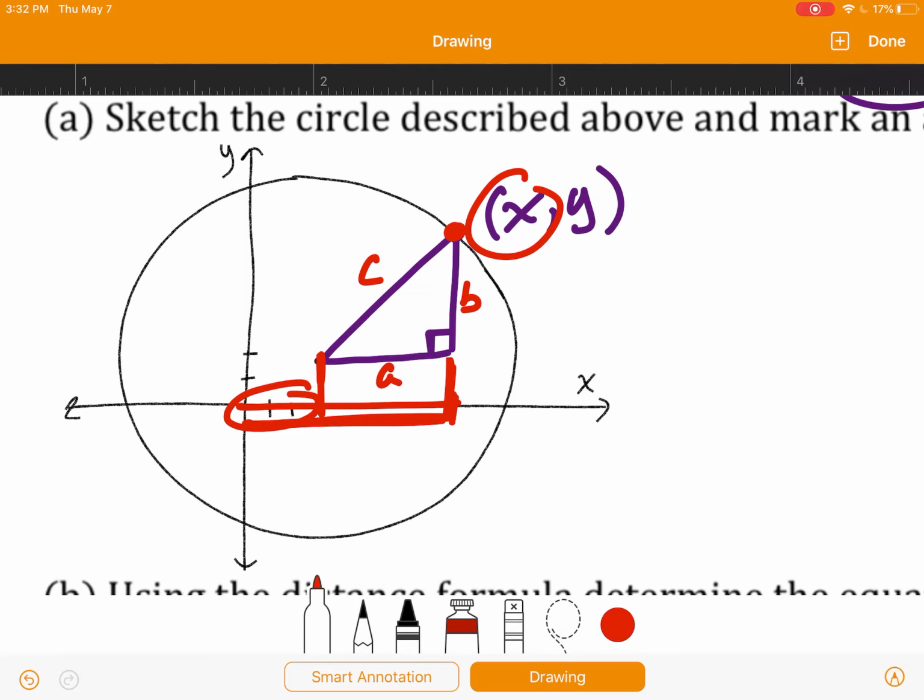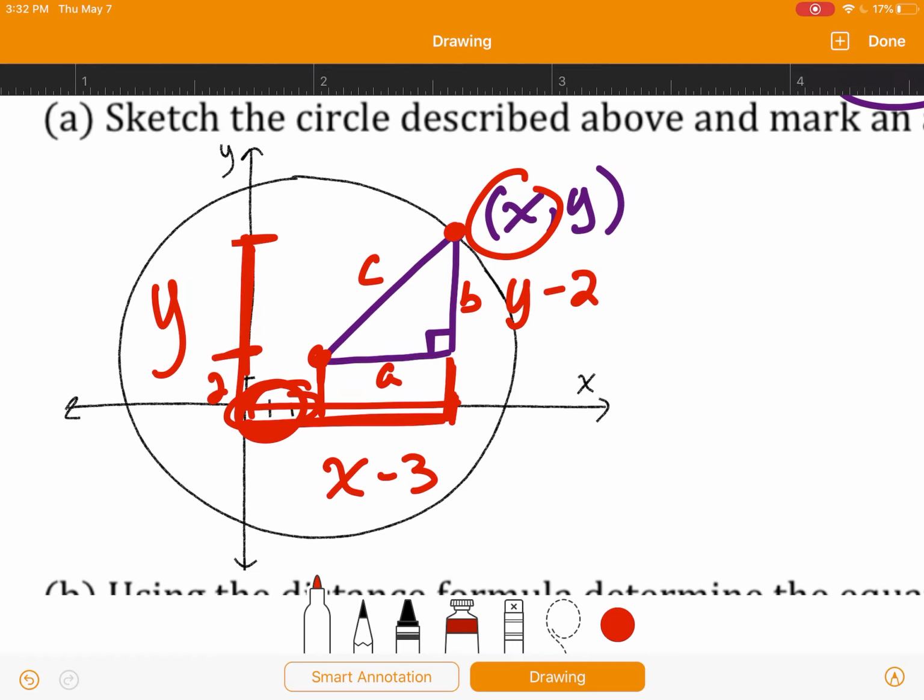So we're going to do the x value minus 3 because our center point is over 3. And then we do the same thing for b. So b is this high minus this piece. So that is going to be y minus 2 here. So b is y minus 2.